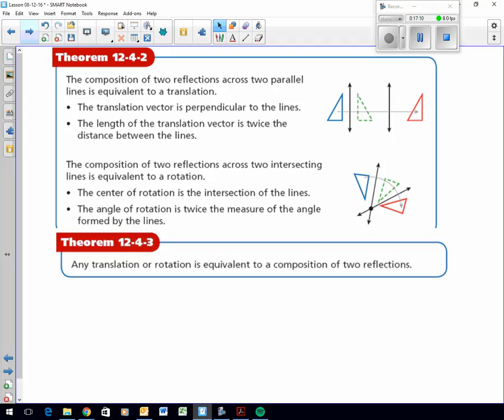Next, make sure you write down this. Composition of two reflections across two intersecting lines is equivalent to a rotation.